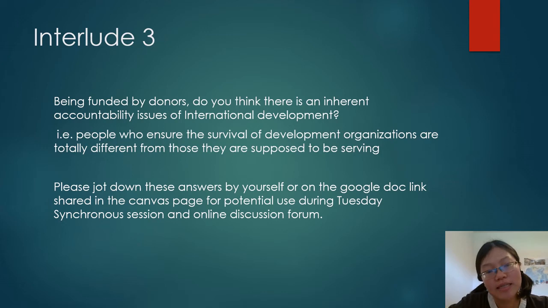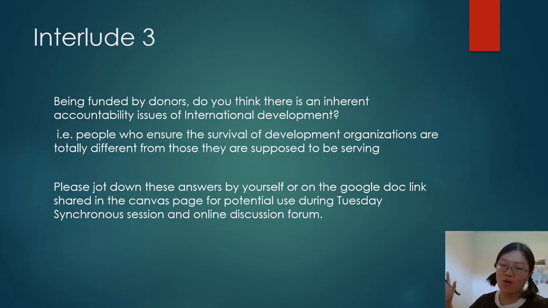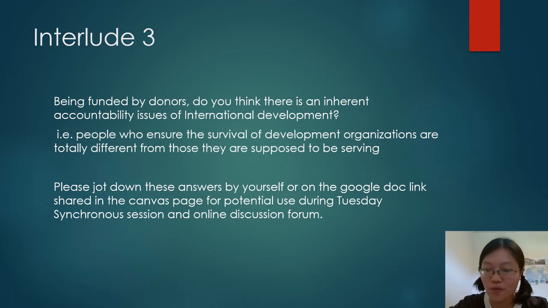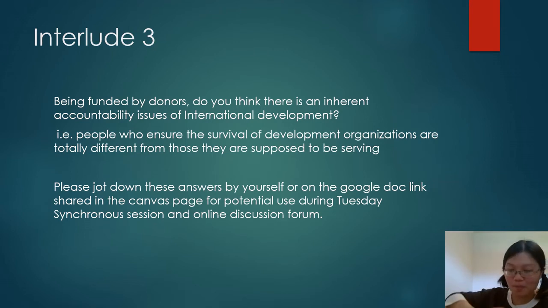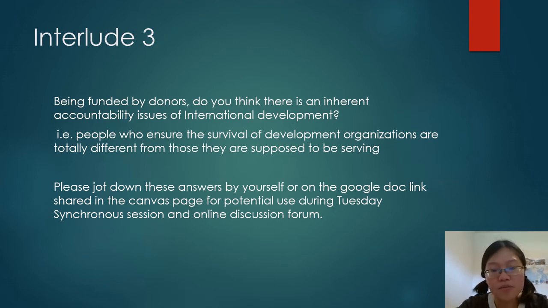Do you think there is an inherent accountability issue in international development? What I mean here is that the people who ensure the survival of development organizations are totally different from those they are supposed to be serving. So you get money from the rich people, but you're supposed to serve the poor people. Is that an inherent accountability issue? Tell me what you think about it.